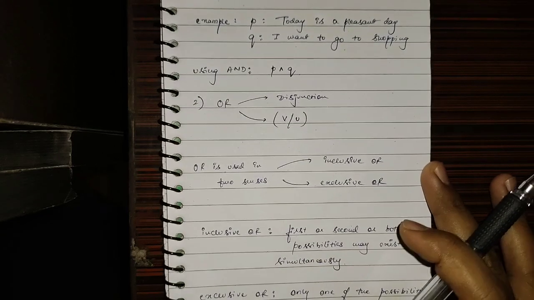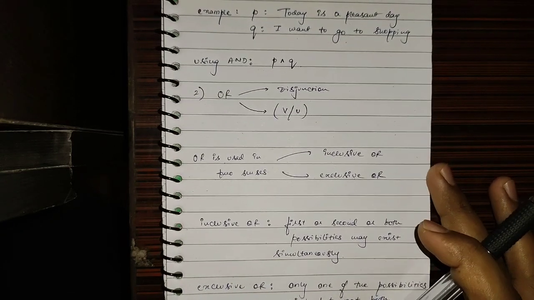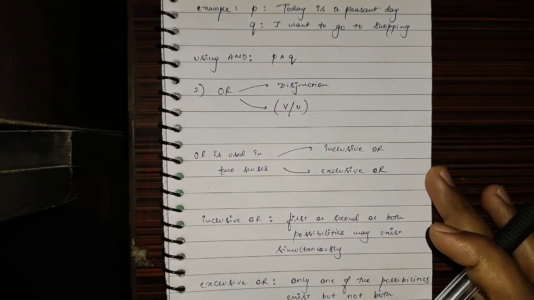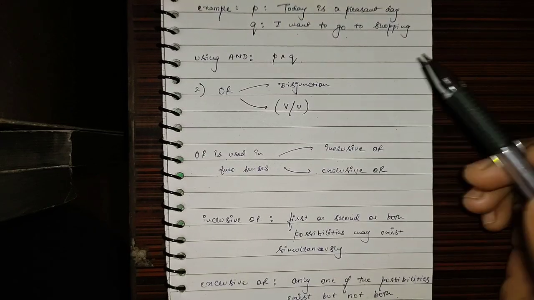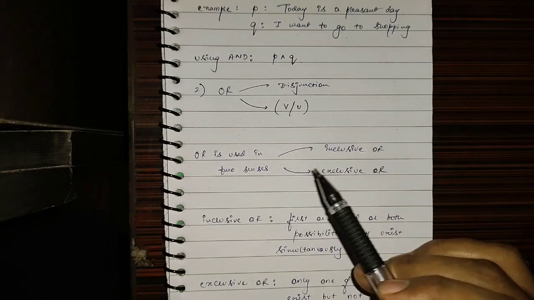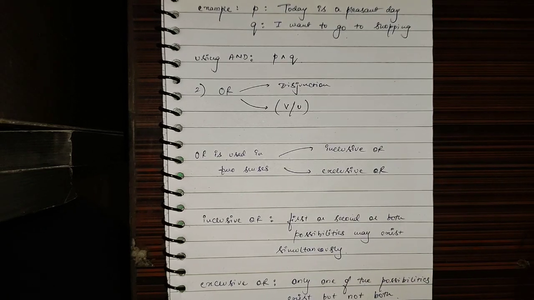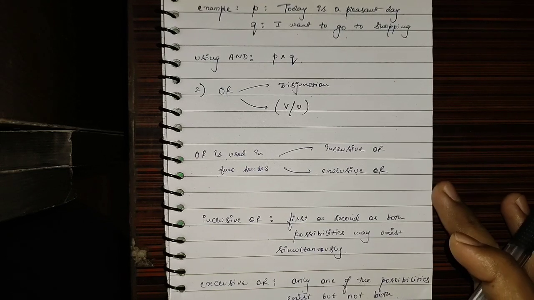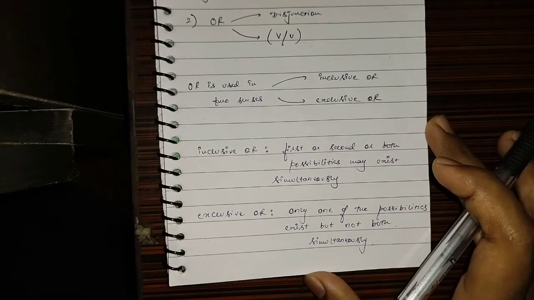Now looking at OR, in mathematics it is also called disjunction, and it is represented by either of these symbols. OR in the English language is actually used in two senses, inclusive or exclusive OR.